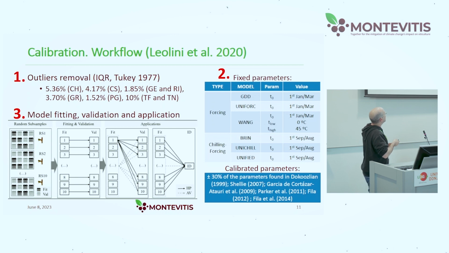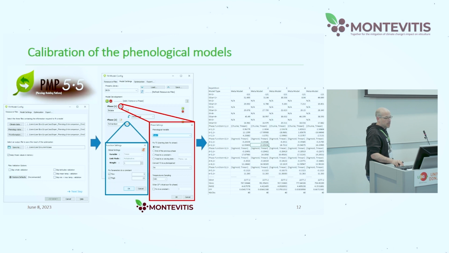Then additionally we fixed that the lowest and upper temperature for the one model were taken from the literature and were fixed to 0 and 45. And then we used these studies for estimating or calibrating the parameters.